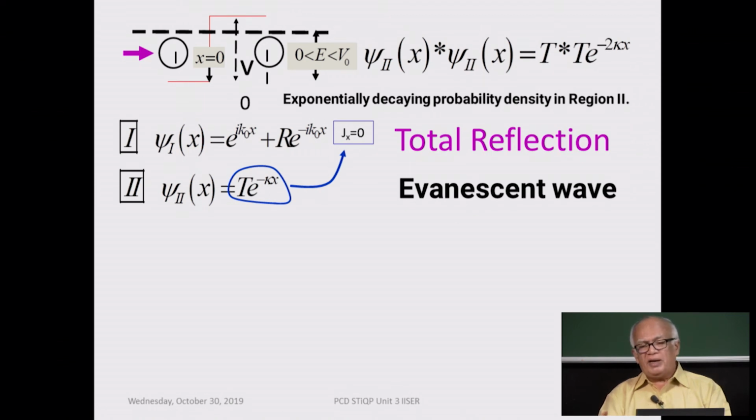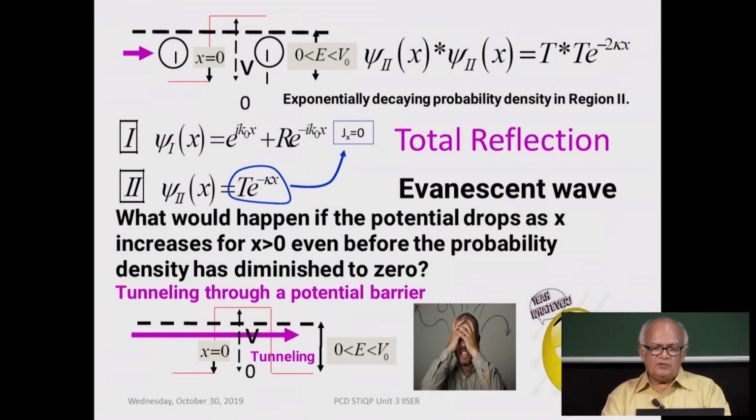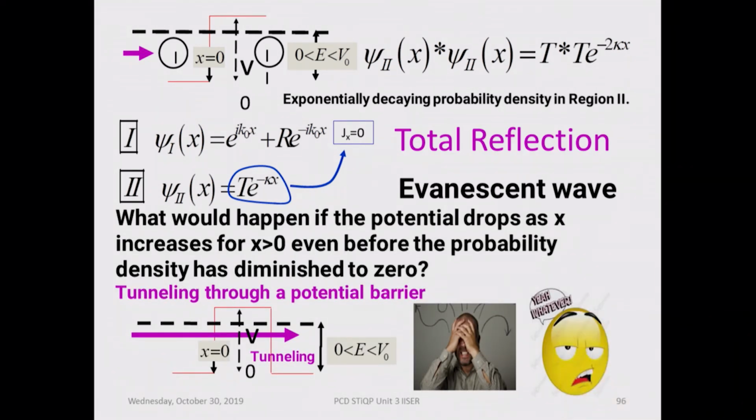You actually end up getting total reflection, and what you have is an evanescent wave, and this idea is used in the understanding of the triple slit experiment, but I will not discuss it. Those of you who are interested may please study this further. And then of course you can ask what happens if you cut the step, and there is a possibility of a zero potential on the other side.